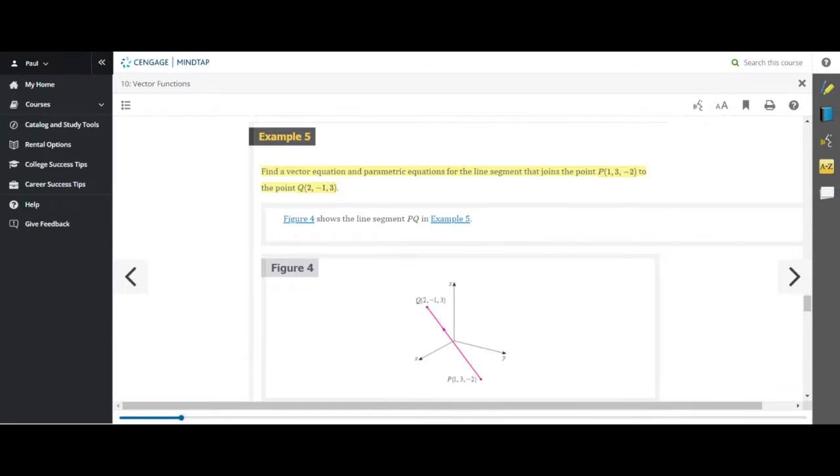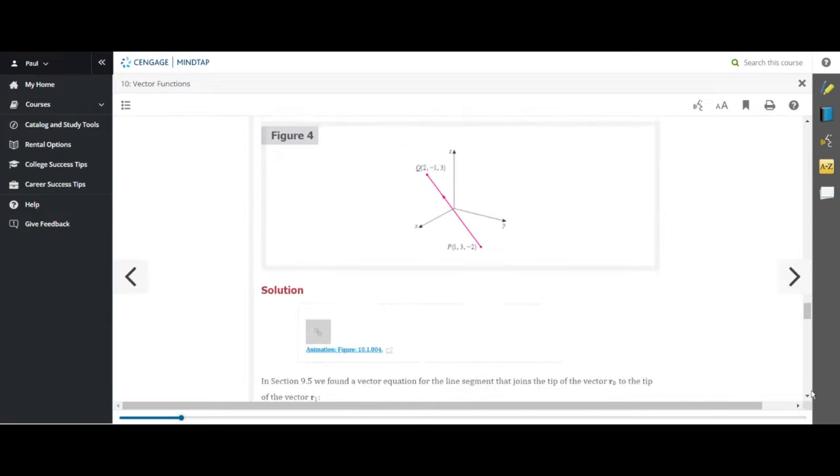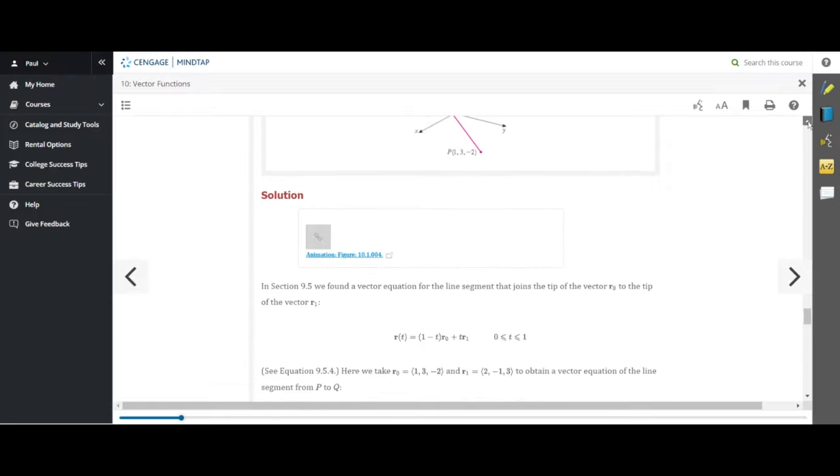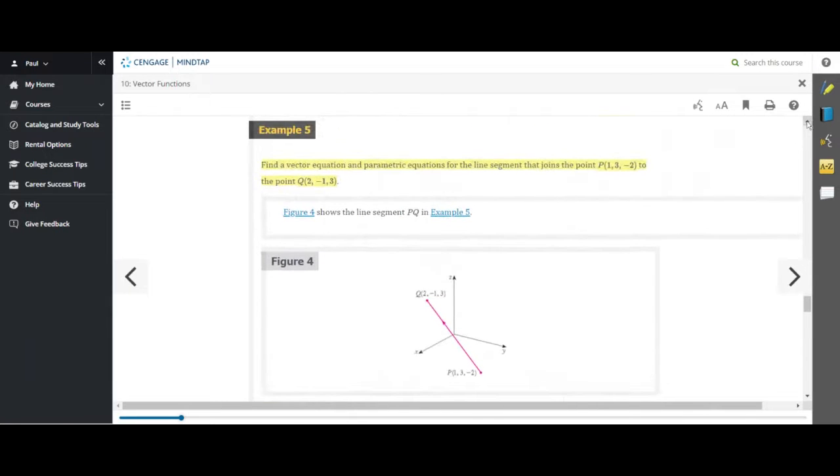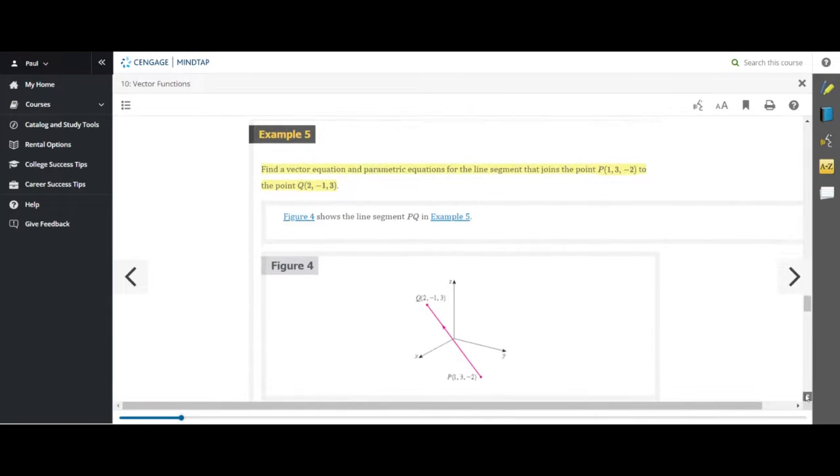Finding parametric equations for a line segment works the same. It's just you have to restrict your value of t because it's a line segment.